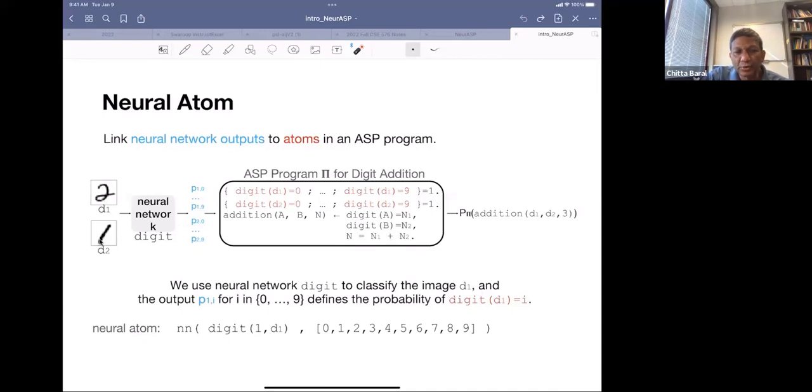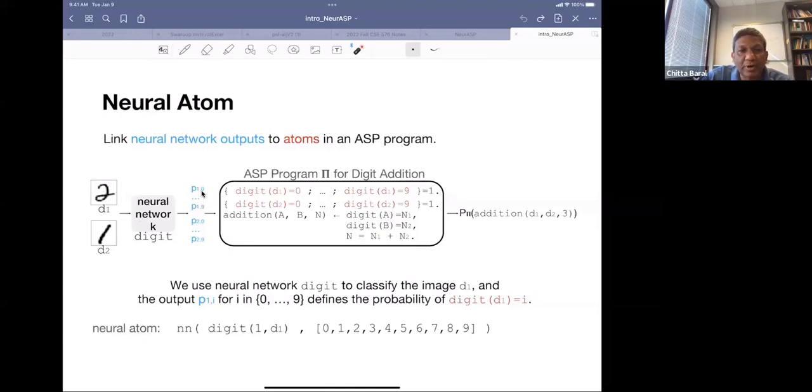So there is D1 and D2. These are handwritten digits, and there's a neural network, maybe a convolutional neural network. And what this network produces is 20 probabilities, 10 for each digit. The probabilities P10 to P19 are basically saying: what is the probability that this digit has value 0, what is the probability that this digit is a 1.